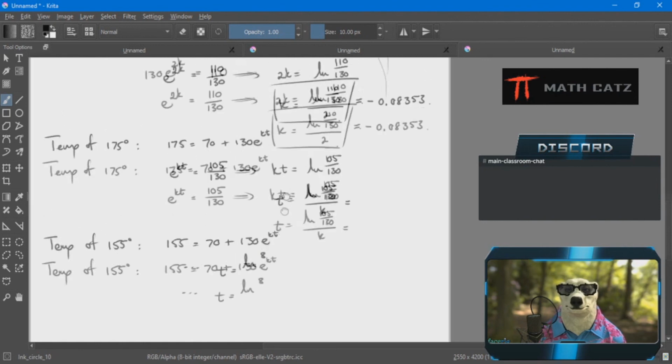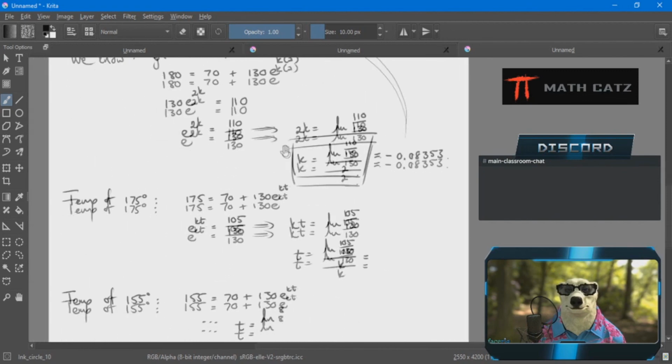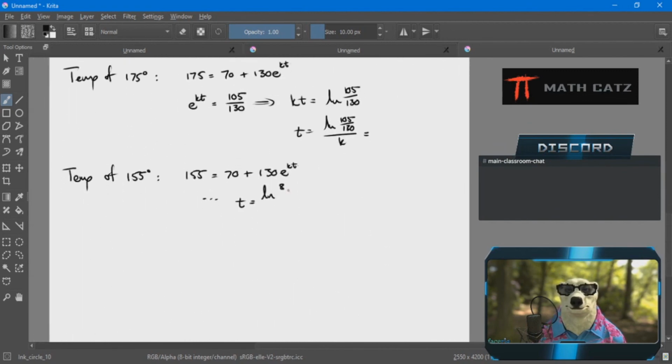Didn't we do 85 before? It seems so familiar. I guess that was a different question. 155 minus 70 is 85. And then I divide by 130. Same argument as before. The pattern is always the same in these two questions.